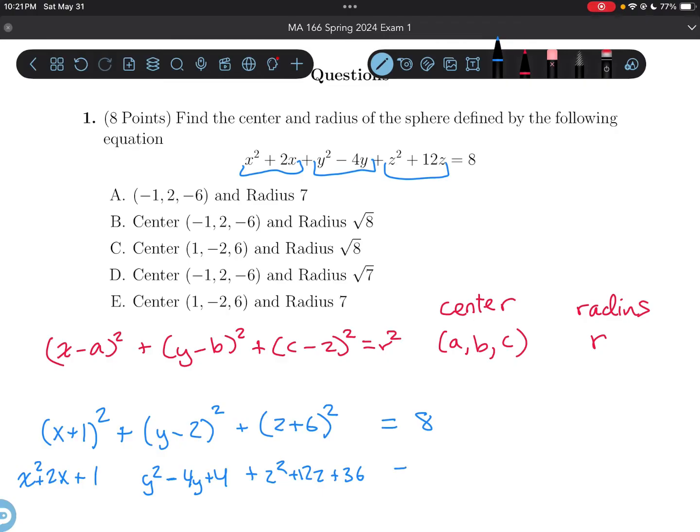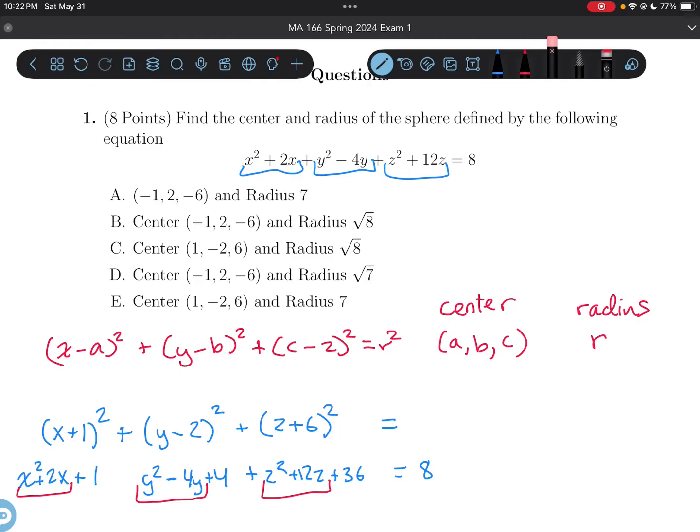But that's not true. What actually happened is that everything I'm underlining in red over here is equal to 8. But we also have these additional constants, which would change the constant that goes on the right-hand side here.